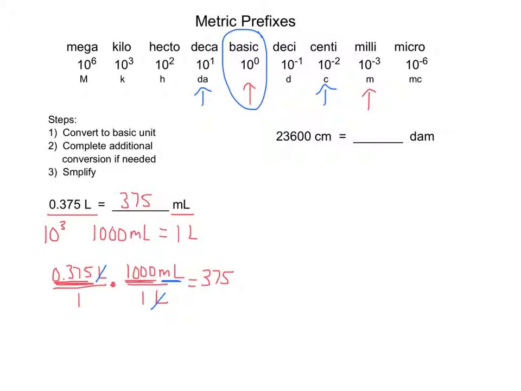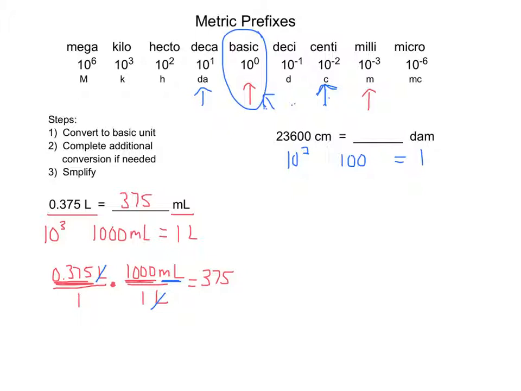So let's start by looking at the centimeters and seeing how it relates to the basic unit. So notice we have 2 decimal places here that go between the centimeters and the basic unit. So I'm looking at 10 squared, which means that I have 100 of something that equals 1 of the other.